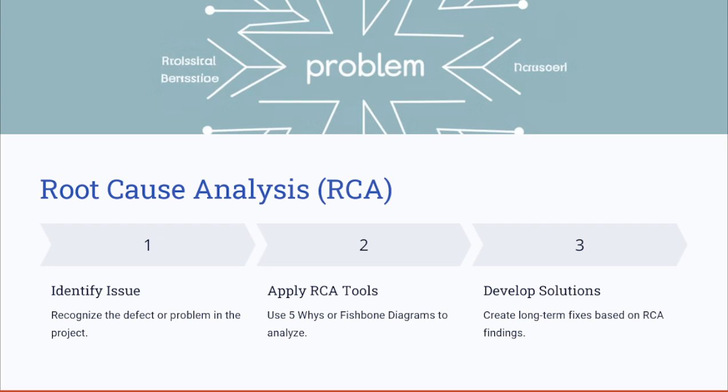Say you have a software release that you were working on and it has 10 escaped defects, meaning defects that escaped the testing phase and reached the end users. You might have discovered a range of 10 to 15 defects, which is higher than the average.